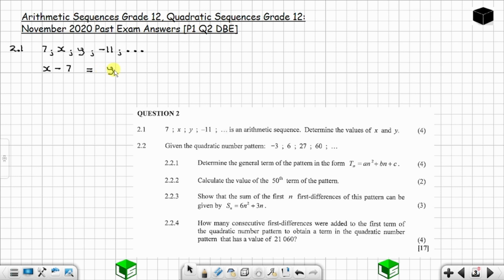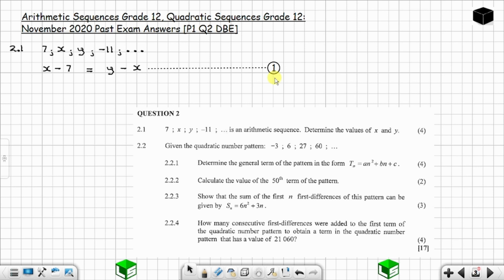This is equal to y minus x because there is a common difference in all of them, which is the same value. You are going to find the same value each time. Let's call this our first equation: x minus 7 equals y minus x.